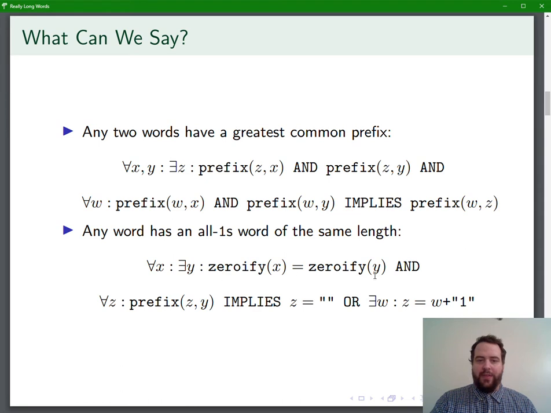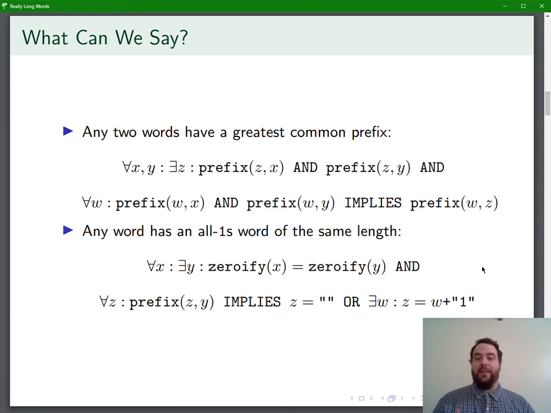So x and y have the same length, and any prefix of y is either going to be the empty word or it's going to end with a 1. So that's kind of how we can say that y is a word of all ones. And of course we could say any word has an all zeros word of the same length, and that's the same as its zeroified version.